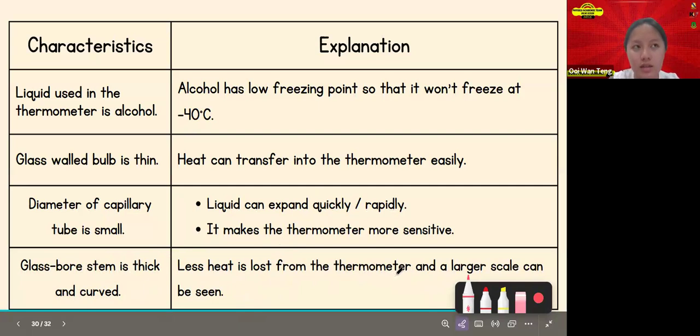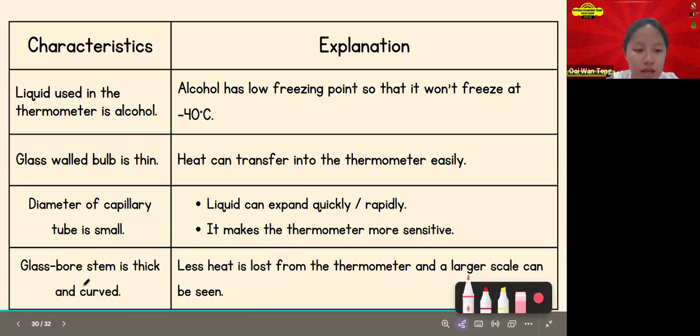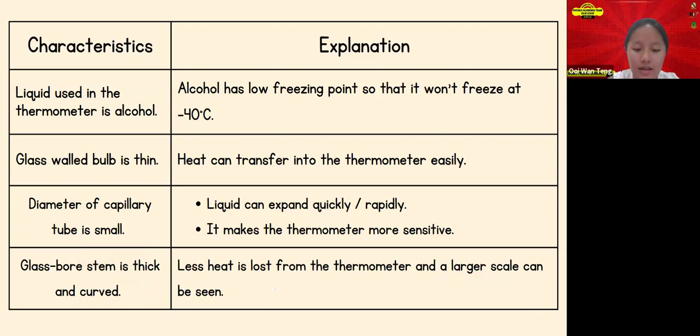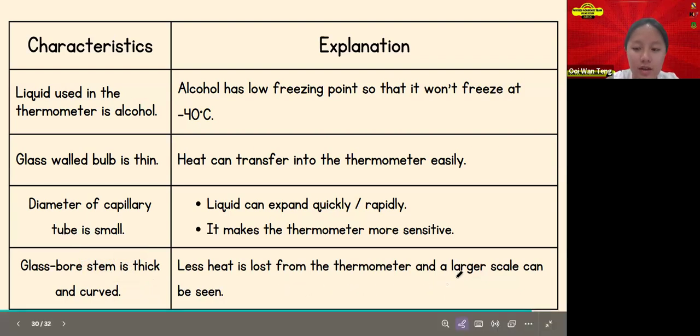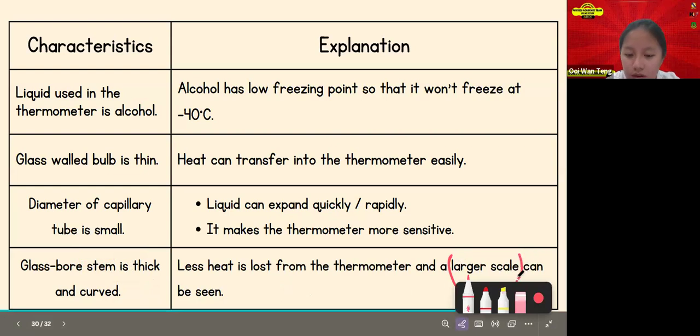The heat is more difficult to escape from the thermometer. And if the glass ball stem is curved, it means that it acts as a convex lens and provides a magnifying effect so that it produces a larger scale. We can see a larger scale, and also it's easier for us to read the temperature of the object.